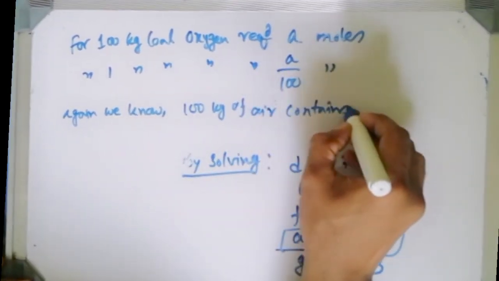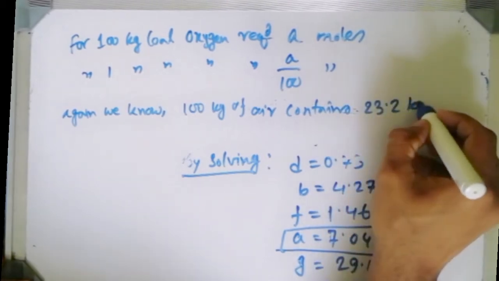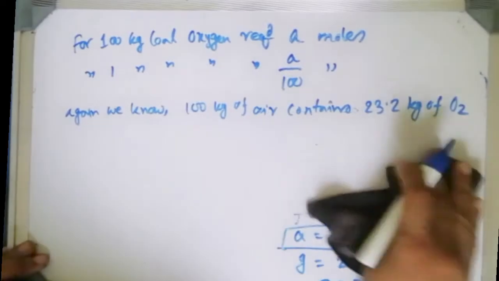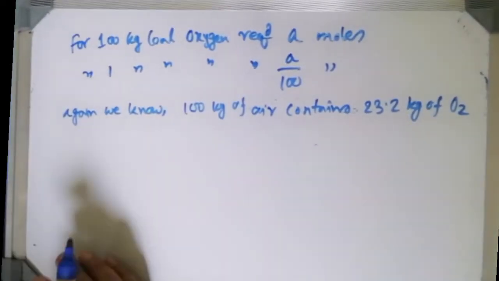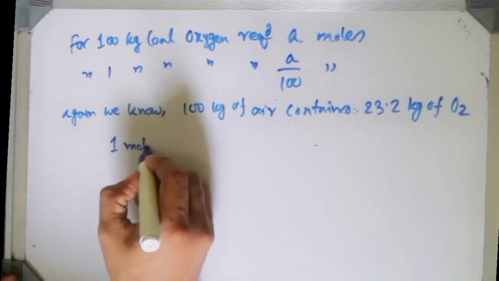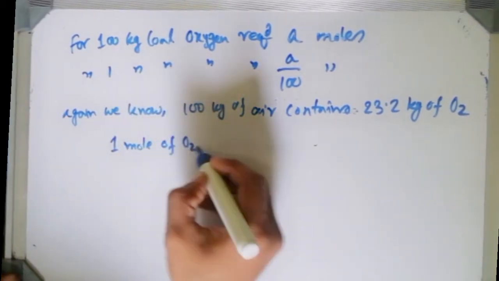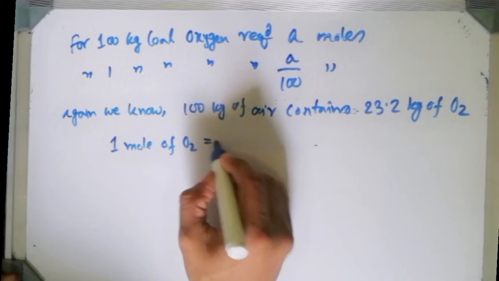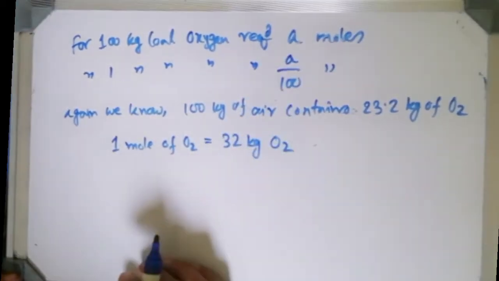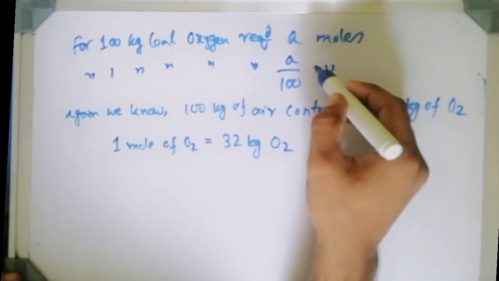Now what can we write? 1 mole of oxygen is nothing but 32 kg of oxygen in terms of mass, isn't it? So in 1 kg of coal, the amount of oxygen required is A by 100 mole. So A by 100 mole of oxygen means 32 A by 100 kg of oxygen.